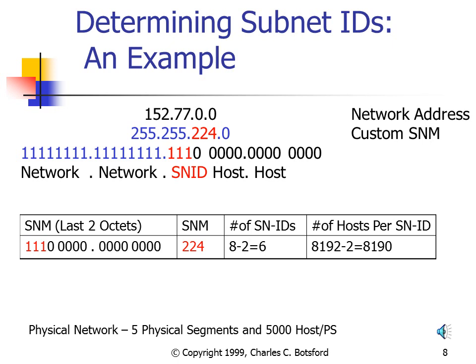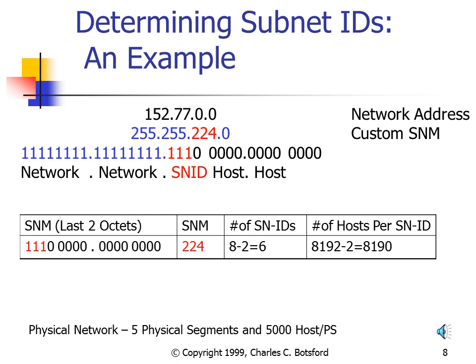In our example, we have a physical network in which there are 5 physical segments and 5,000 hosts on each physical segment. We've also been assigned a Class B address, 152.77.0.0, and we've chosen a custom subnet mask. The custom subnet mask we've chosen is 255.255.224.0.